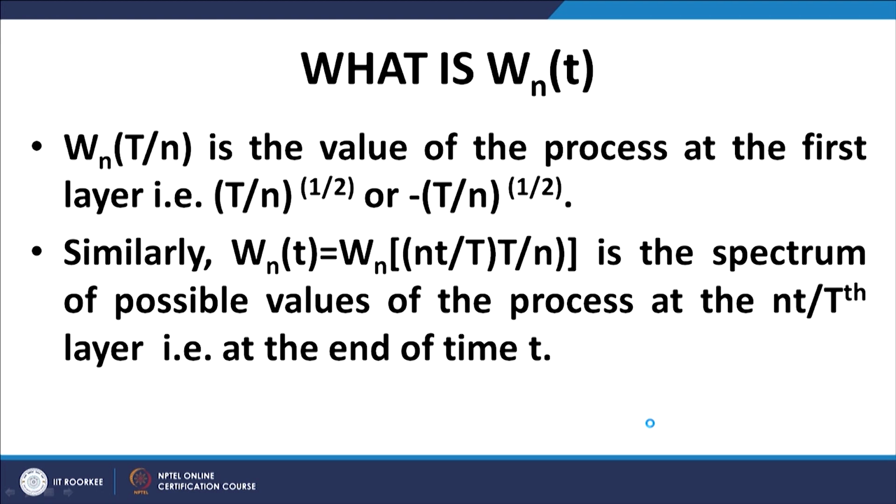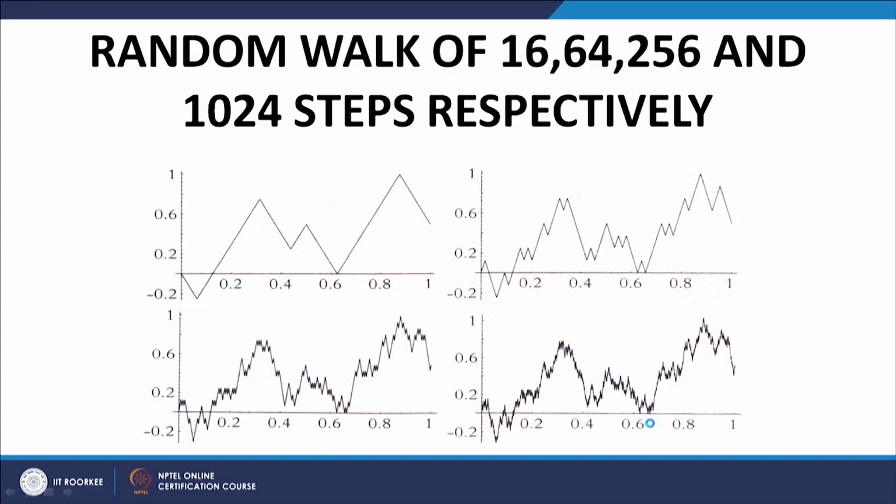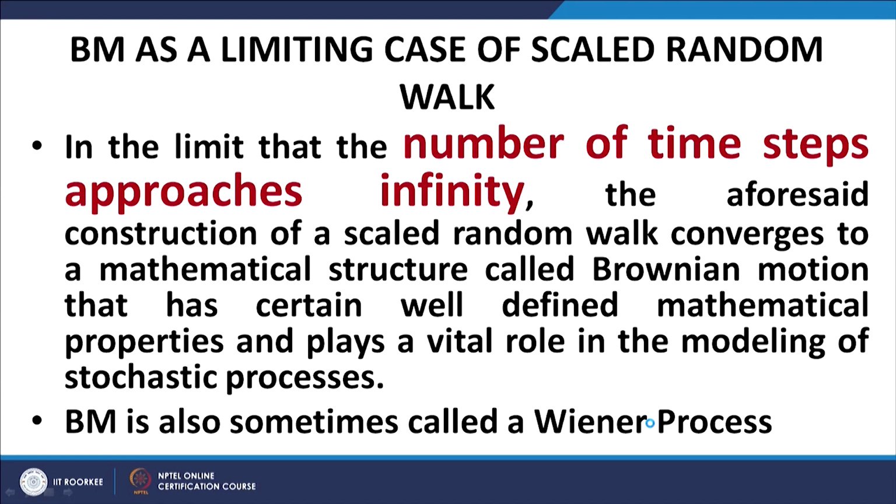So, that is important. Now, we move to the next step. As far as Wn(t) is concerned, I have explained, and reiterated also, that Wn(t) is the spectrum of values of the process, the possible values that the process can take at time t. These are realizations of the random walk. The first case is when there are 16 steps, the second of 64 steps. You can see the zigzagging increasing, and the third is 256 steps, and the fourth is 1024 steps. You can see the amount of zigzagging in the fourth. Now, what happens when we take the limit?